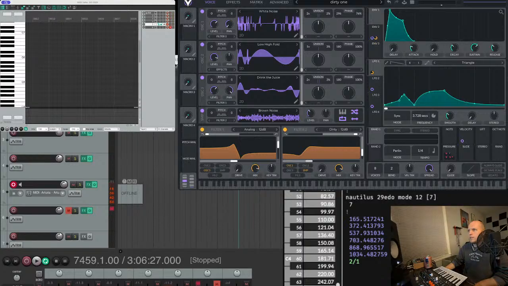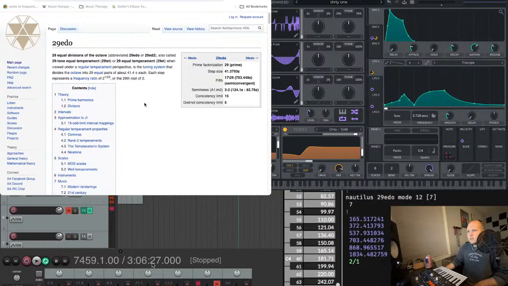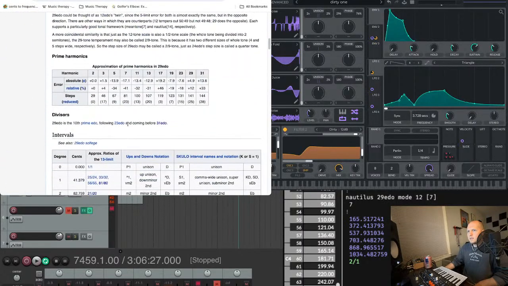And the 7-note subset that I kind of settled on is, well, I'll pull up the, where'd it go? Oh, it's right here. I'll pull up the Zen wiki and find the bit on Nautilus.